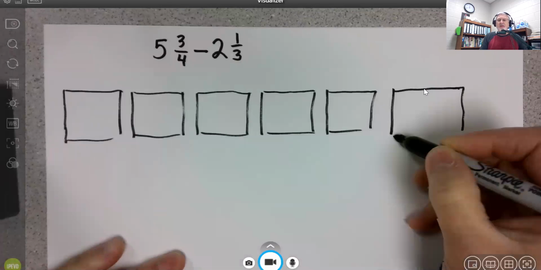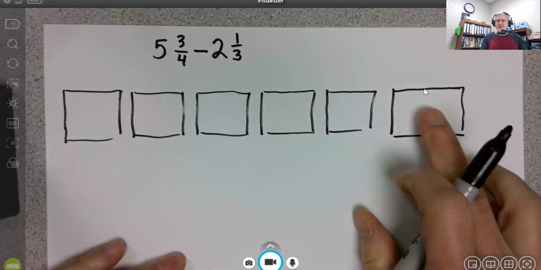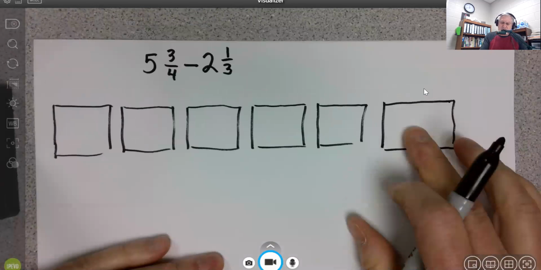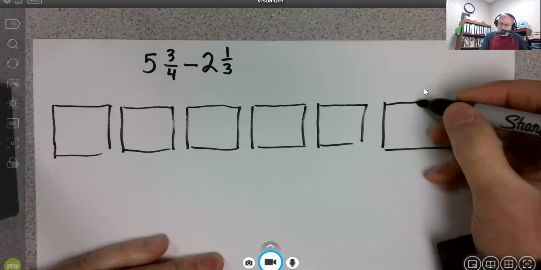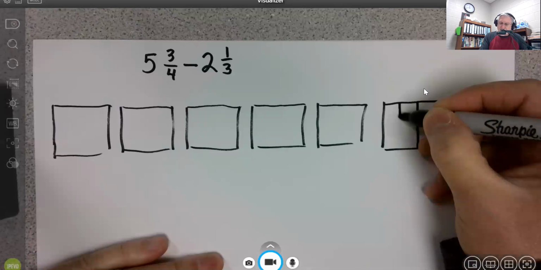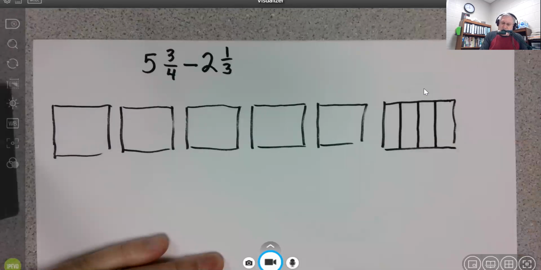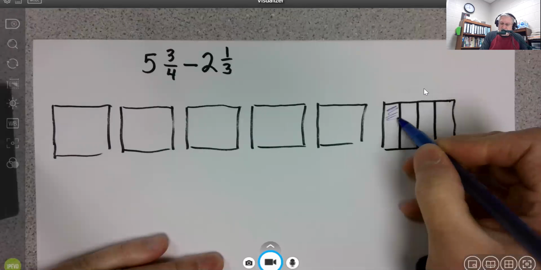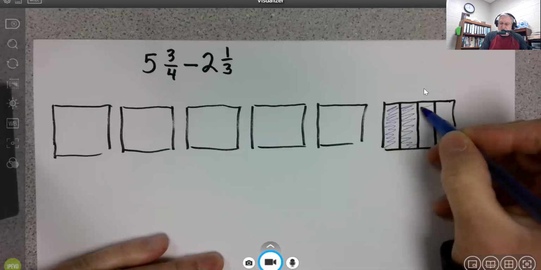I draw my last whole a little bigger, just because I know that this is the one that I'm definitely going to have to cut into more parts. When I'm doing fourths, I cut in the middle, cut in half, and then I halve the halves. And that's 4. So I can shade in 3, because that's what my fraction says, 3/4.